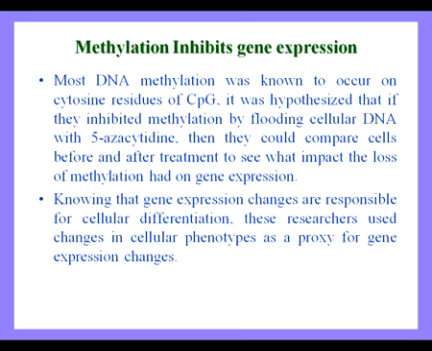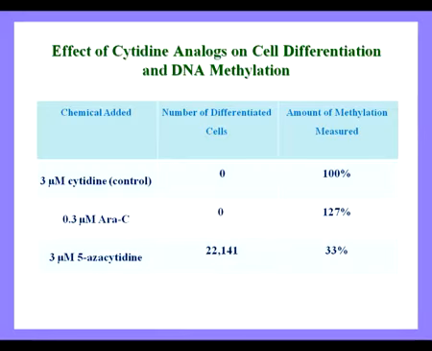Knowing that gene expression changes are responsible for cellular differentiation, these researchers used changes in cellular phenotypes as the parameter. When they cultured cell lines, any change in the phenotype of the cell was taken as a proxy for gene expression.